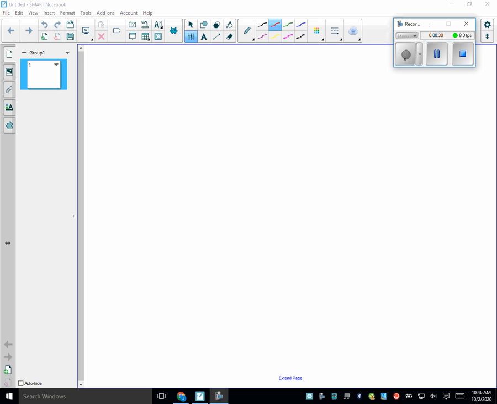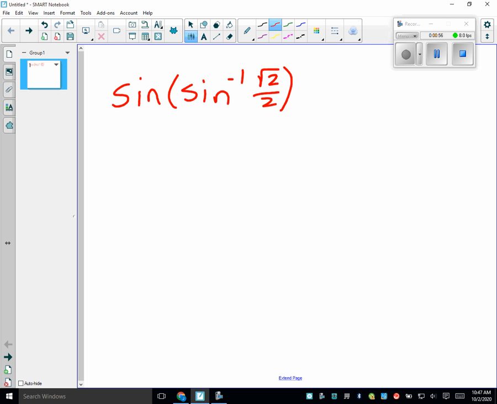So, if we're in quadrant 1, this is only true in quadrant 1. When I have two trig functions, such as something that looks like this, this is a composite trig function.